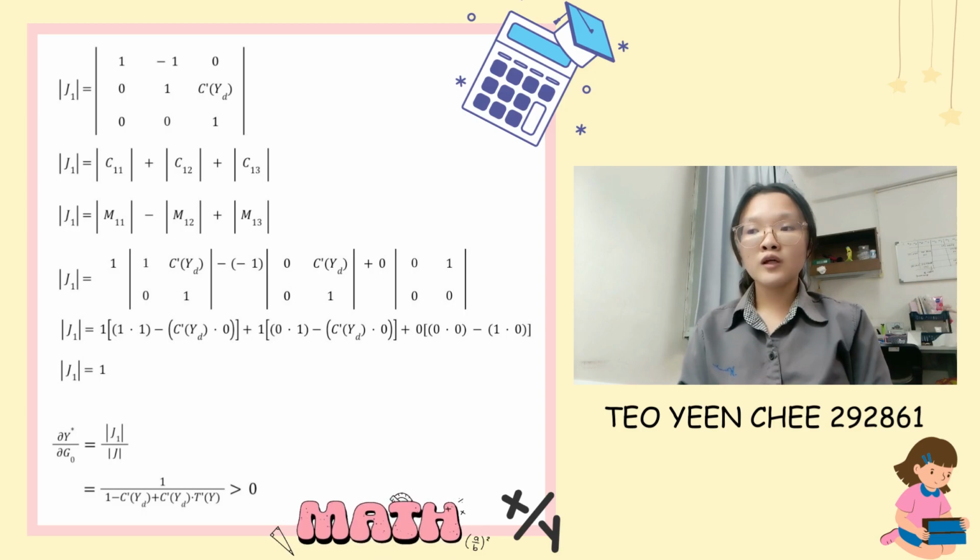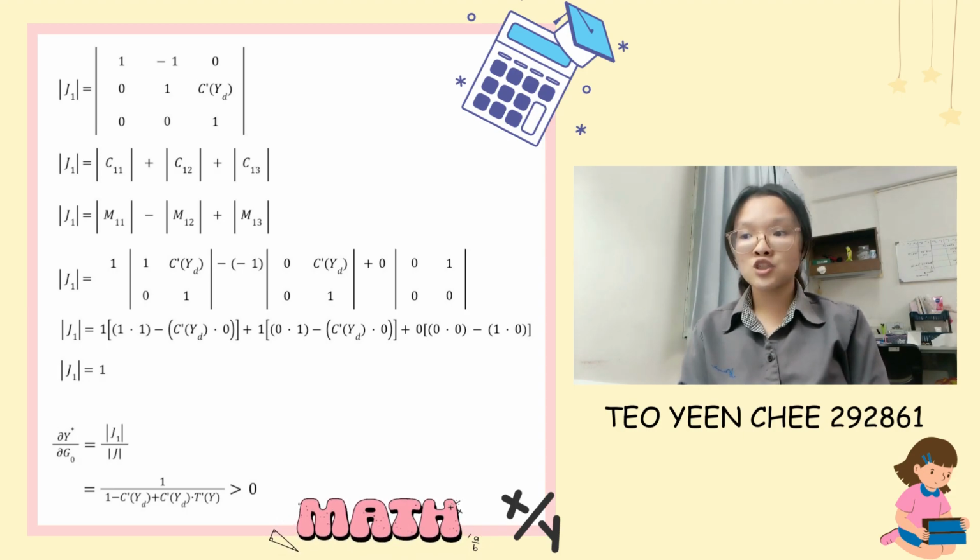Putting our first row in front of C11, C12 and C13, then we will get J1 equals 1 multiplied by the determinant of 1, 0, C prime YD, 1, minus negative 1 multiplied by the determinant of 0, 0, C prime YD, 1, plus 0 multiplied by the determinant of 0, 0, 1, 0. Then we will get J1 equals 1.